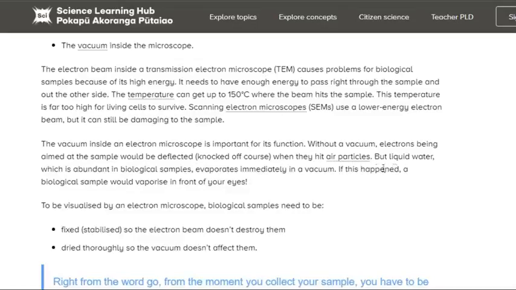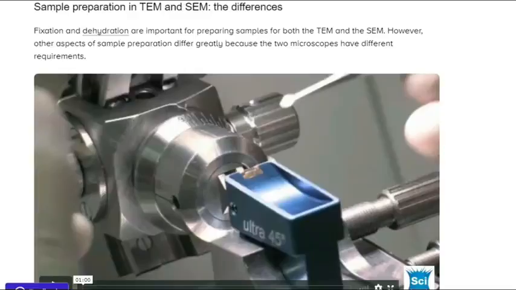If this happens, a biological sample would vaporize in front of your eyes. So there can be absolutely no moist in your sample. Fixation and dehydration is an important step in preparing samples for the TEM and SEM.